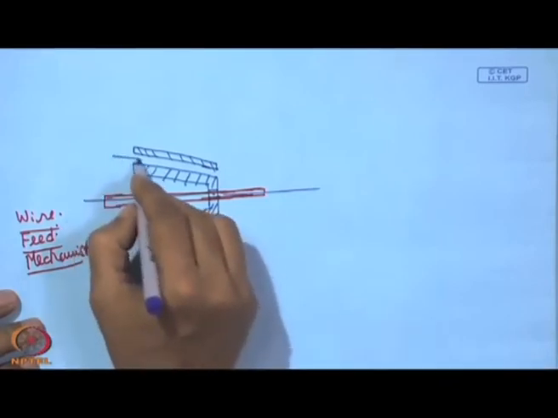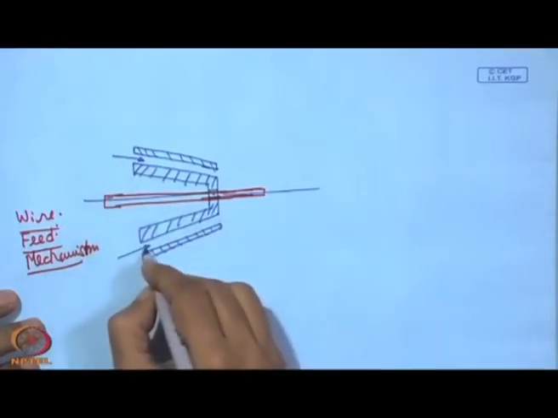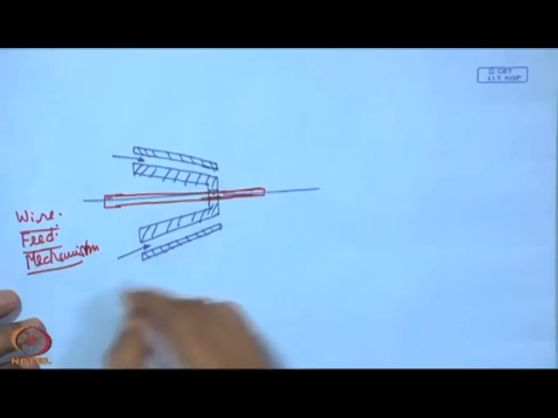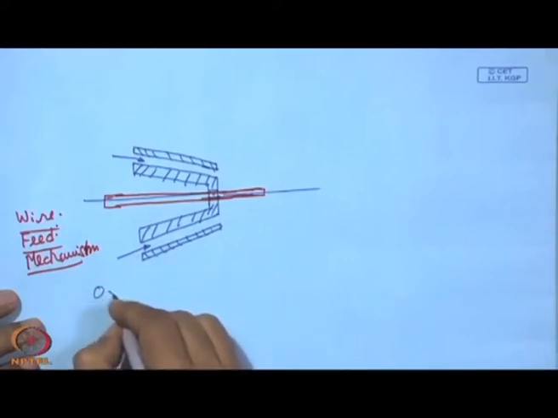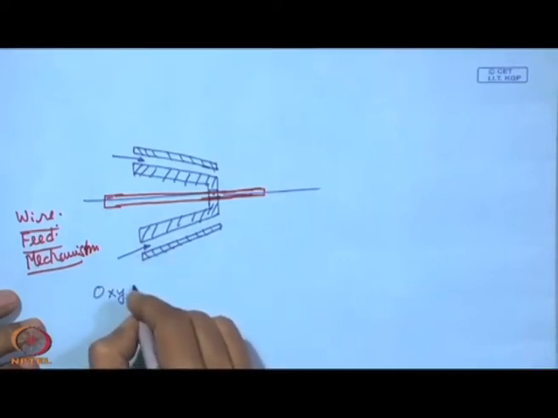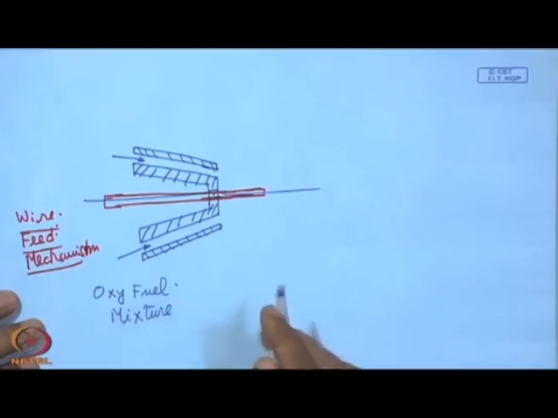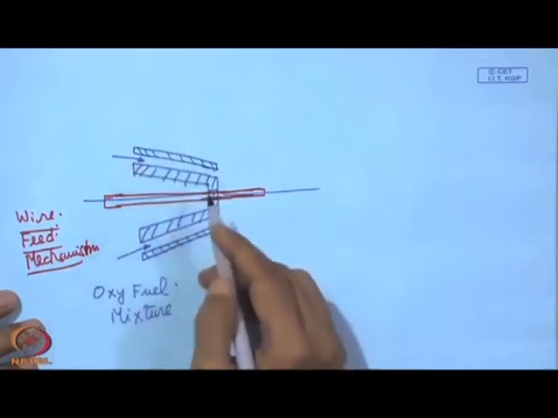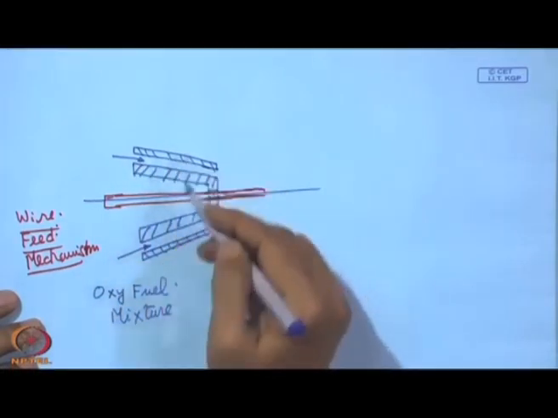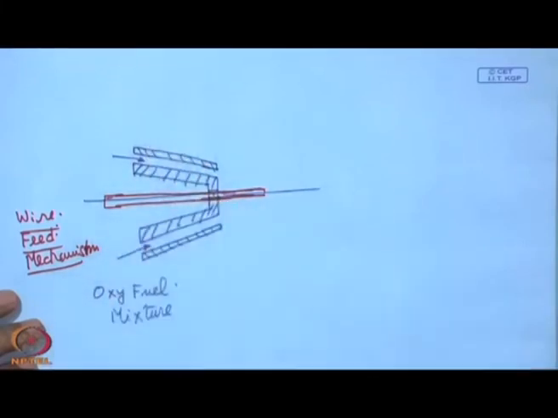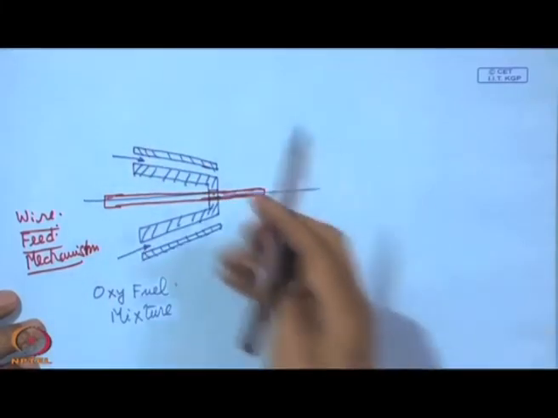This is the annular passage, like a ring, through which the oxy fuel mixture, that means oxygen and acetylene, is passed, and we have another annular passage. These are all concentric, so we can show it this way here.